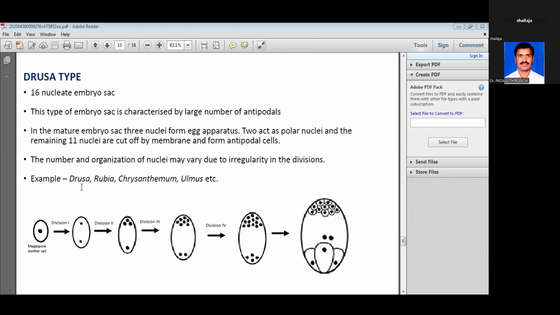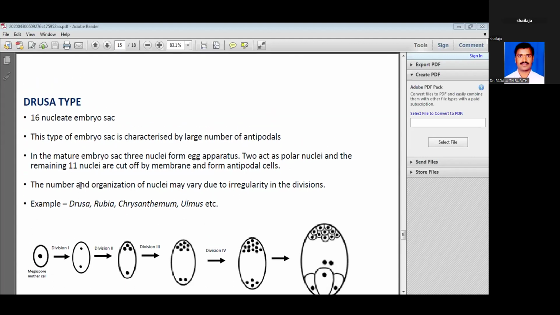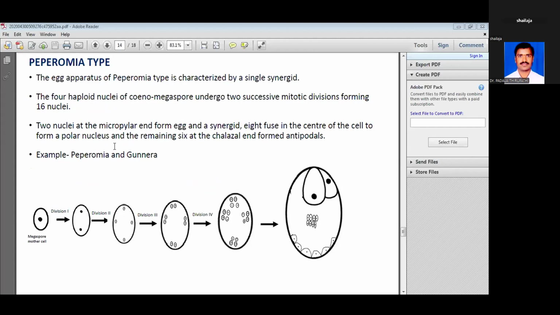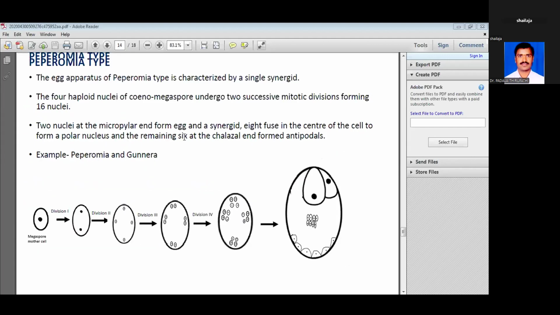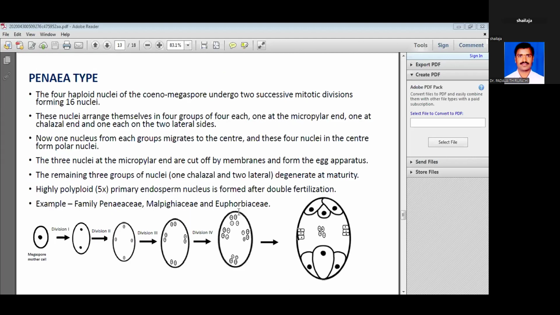So very easily you have to remember Drusa, Rubia. This is the Drusa type. The Peperomia and Penaea are also the same. Examples for Peperomia are Peperomia and Gunnera, and Penaea is of the Penaeaceae and Euphorbiaceae families.